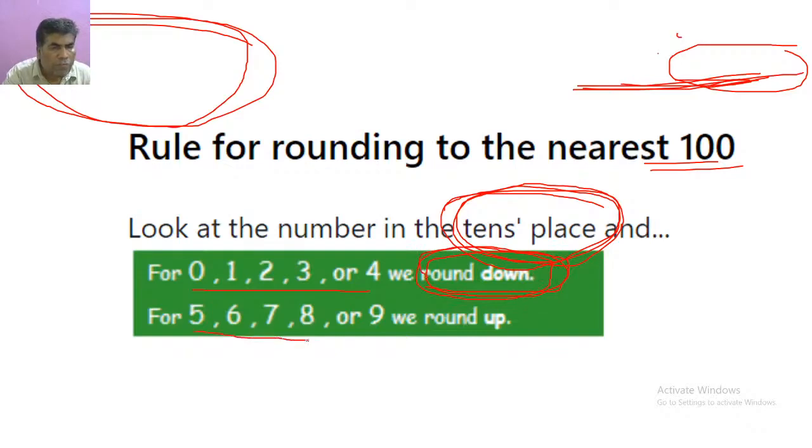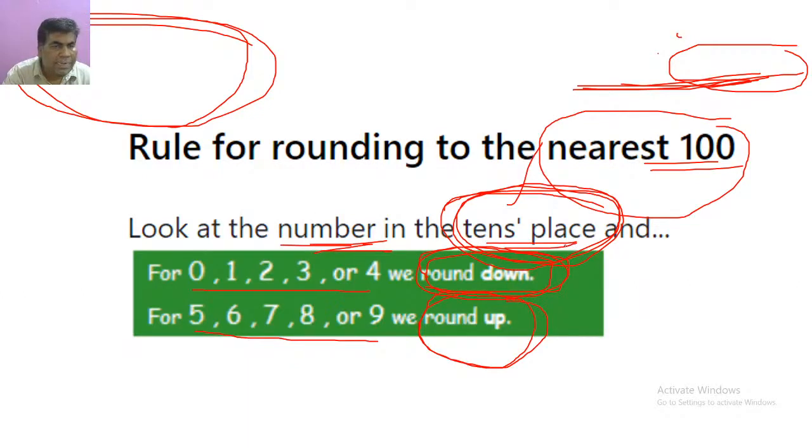If we have 5, 6, 7, 8, 9, we have to round it up. So when they ask for the nearest 100, which place do you have to consider? The tens place. You have to observe the digit in the tens place, not the ones place.